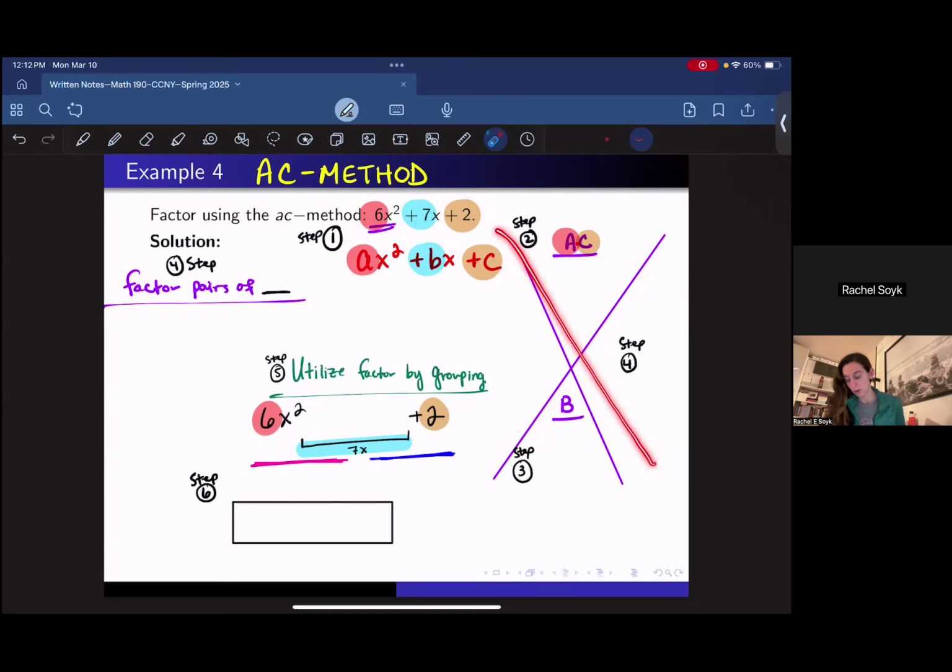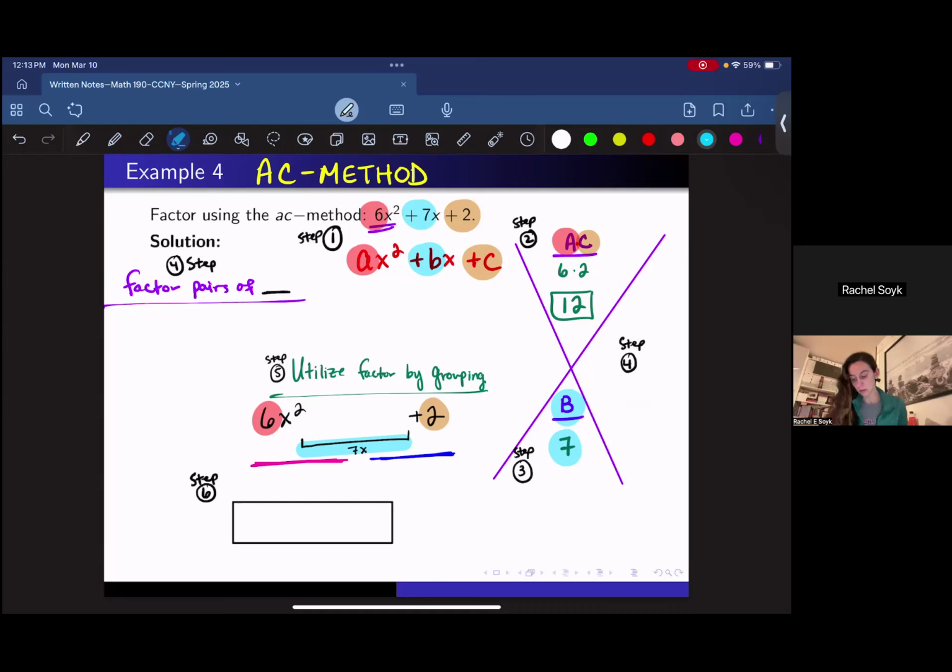We drew out our big giant X. So our second step is to find the product of that red and orange value, which is 6 and 2 in this case. 6 times 2 gives us 12. And then our B value, we just put as is. That's our 7. Can maybe highlight that for you down here as well.